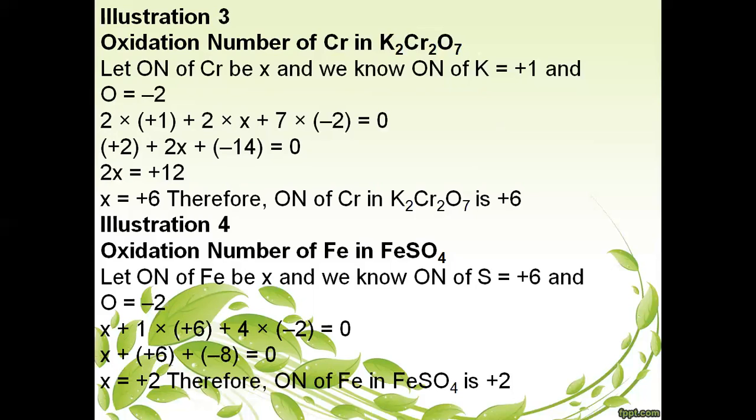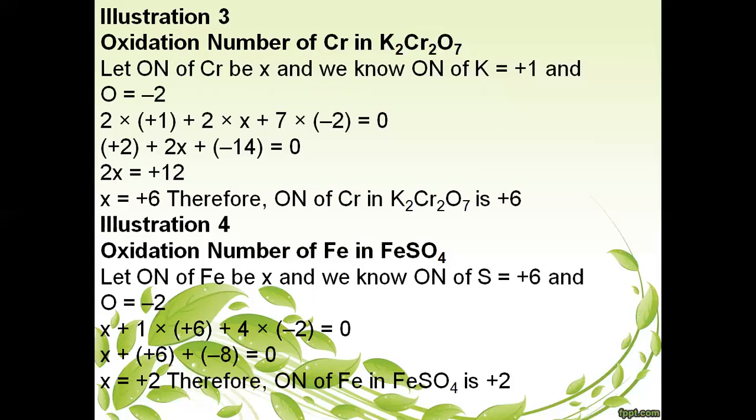So 2 into +1 equals +2, plus 2 into x, 2x, plus 7 into -2 equals -14. So -14 plus 2 equals -12. Okay, so 2x minus 12, the -12 goes to the right side, so that changes into +12.